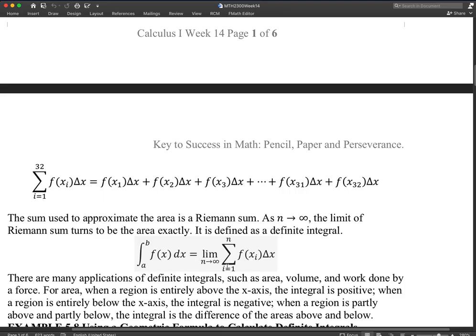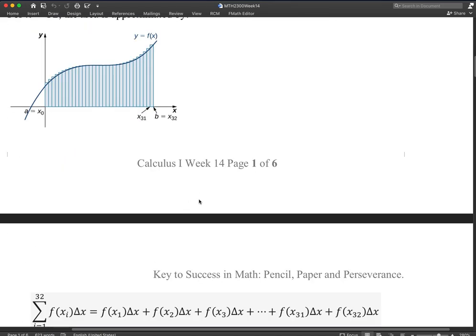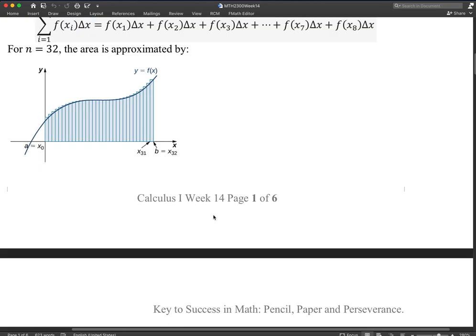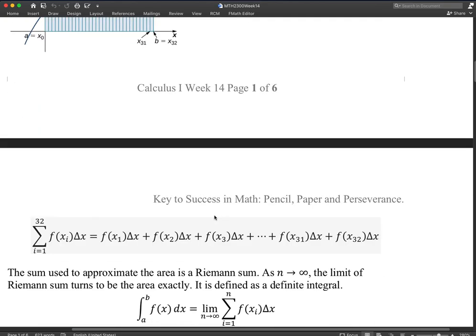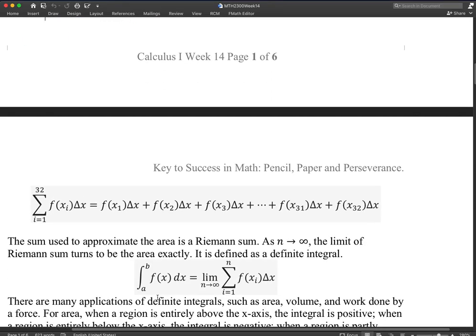The limit of a sum, by the way, it's worth mentioning, a sum like we discussed in the very beginning, with 4 rectangles, with 8 rectangles, with 32, with 64, with 100 or more, these are called the Riemann sum. And then the limit of the Riemann sum is defined as an integral.